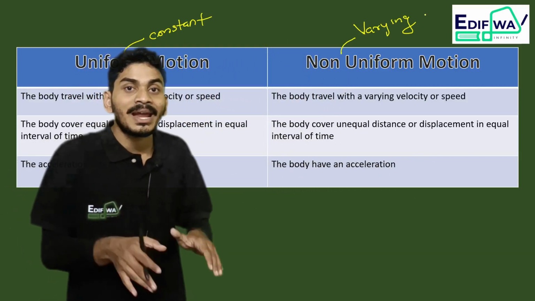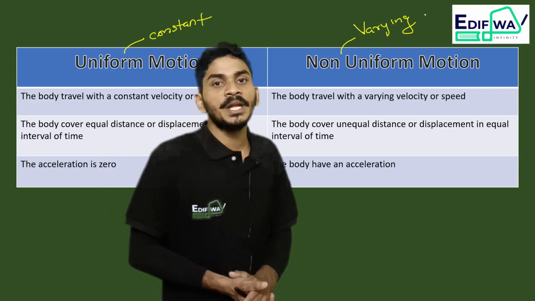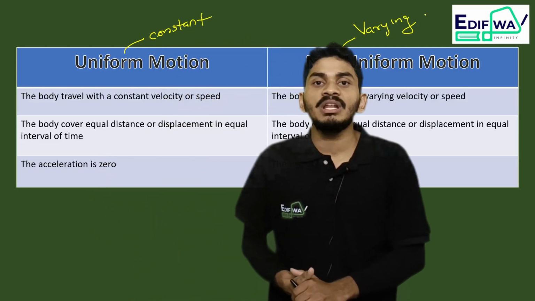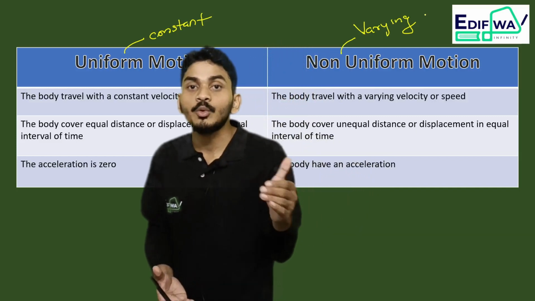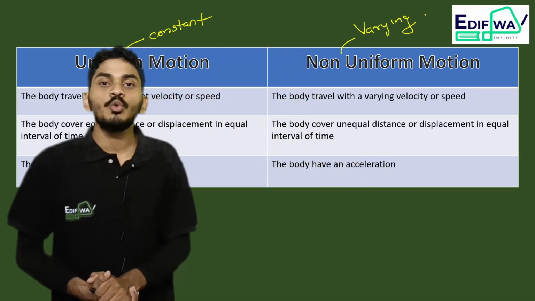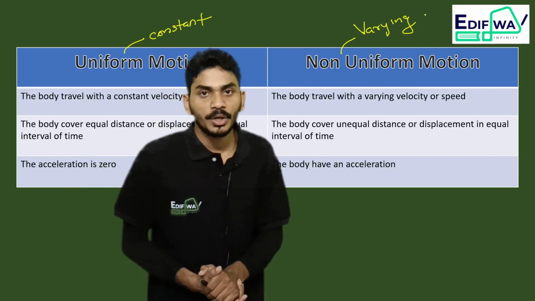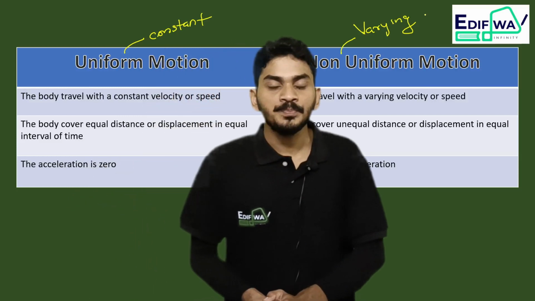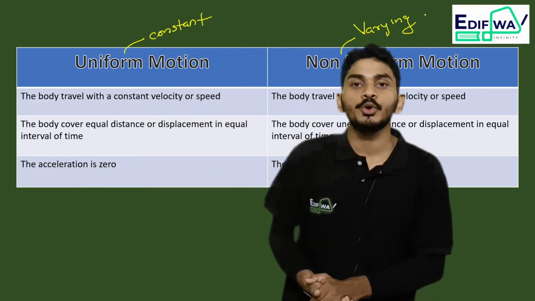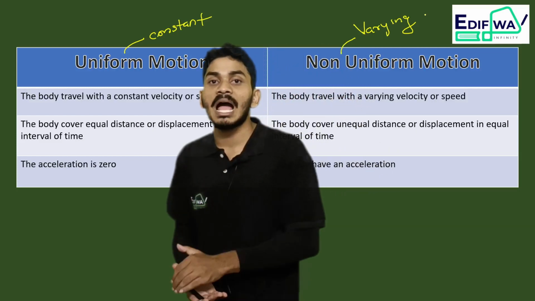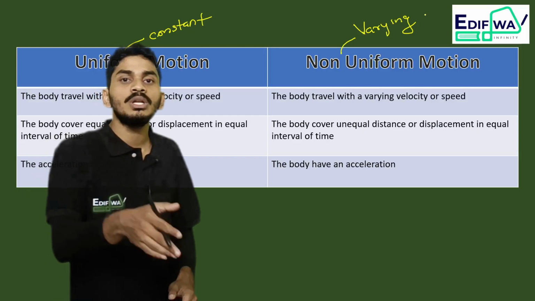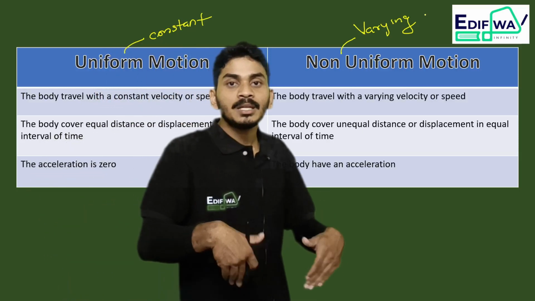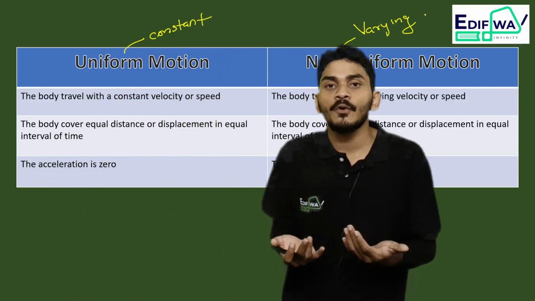If the body is traveling with a constant speed, then that body will have equal displacement or equal distance in equal intervals of time. I will explain that more clearly. In non-uniform motion, the body will have unequal distance or displacement in equal intervals of time.